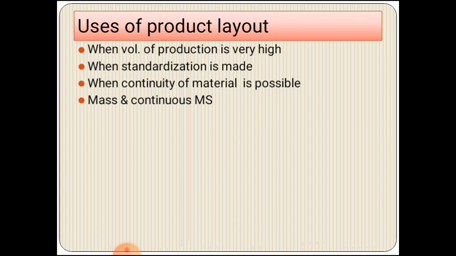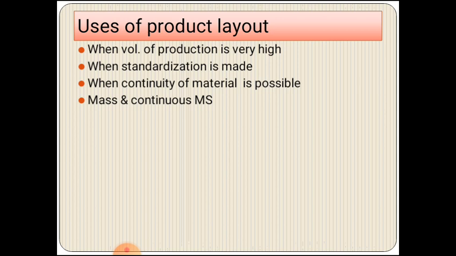So you should implement this layout only when you are able to make all the required material available at a time, so there will not be any interruption in supply of material for the production process.